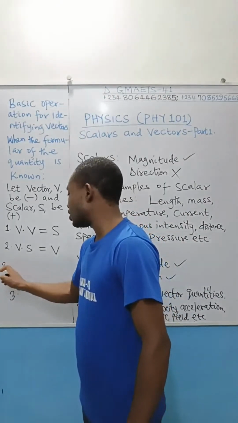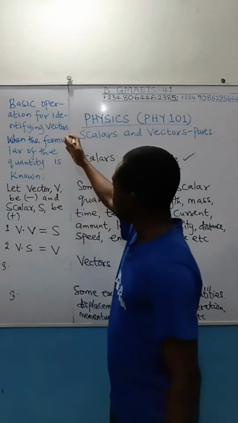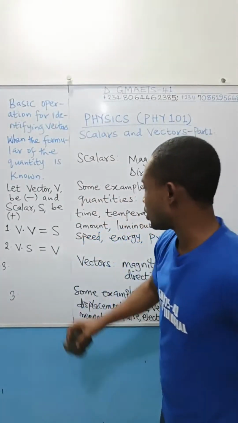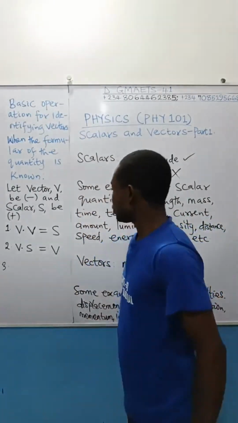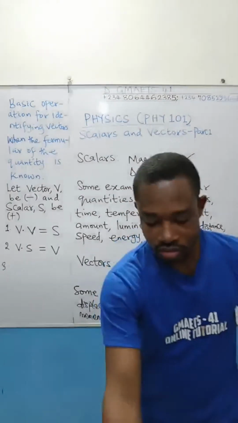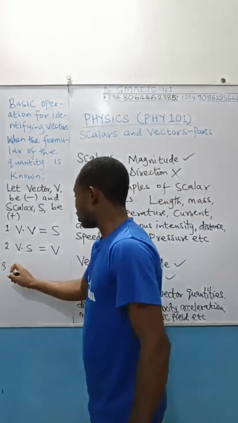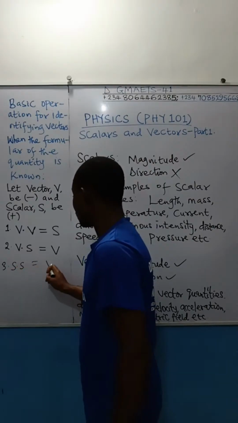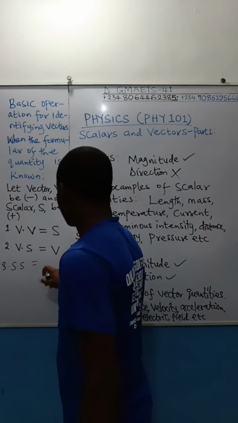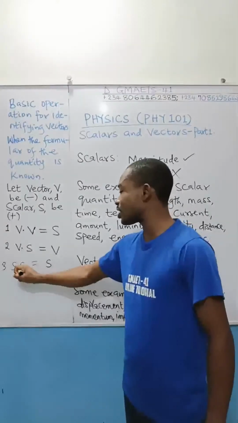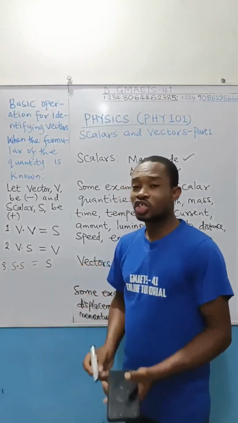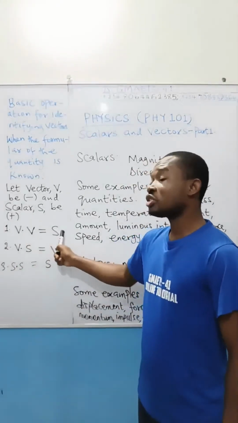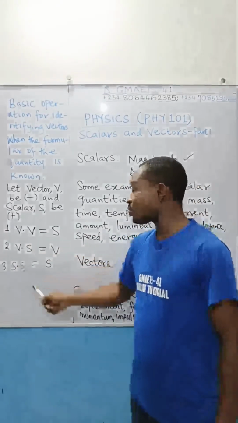I actually mentioned basic operations for identifying vectors, but let me still add it. Scalar times scalar will give you a scalar quantity. It will not change to vector. Vector times vector changes to what? Scalar.